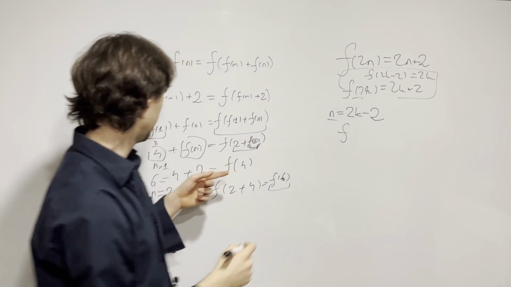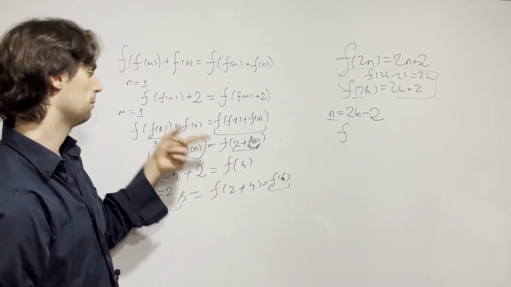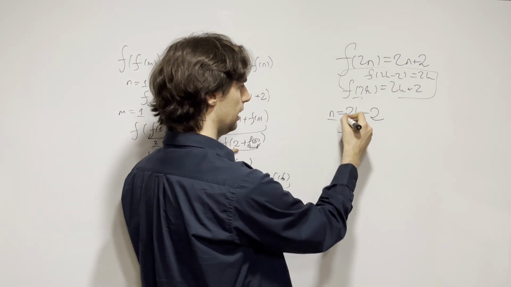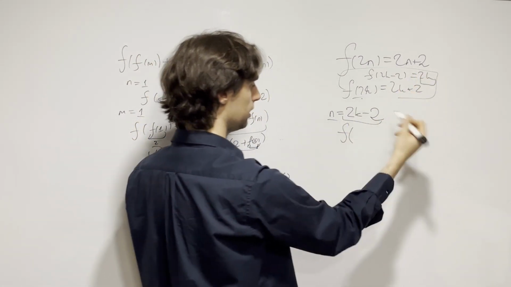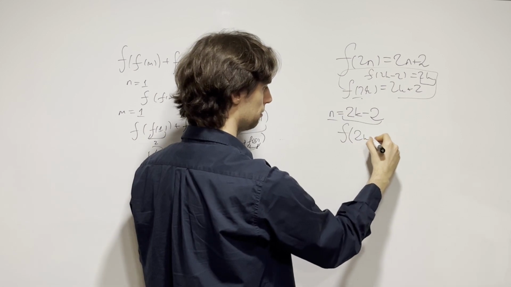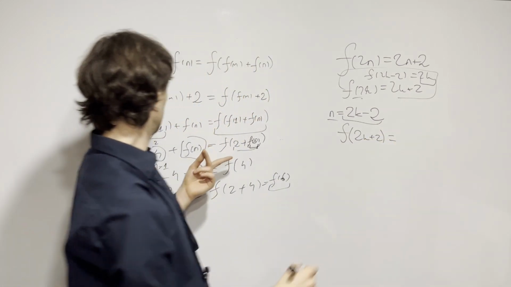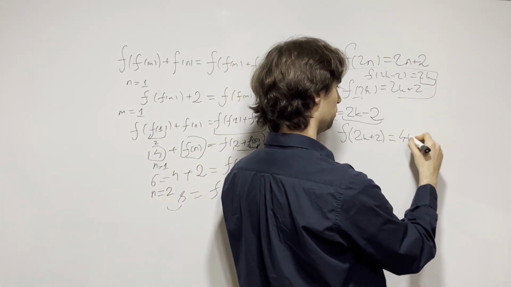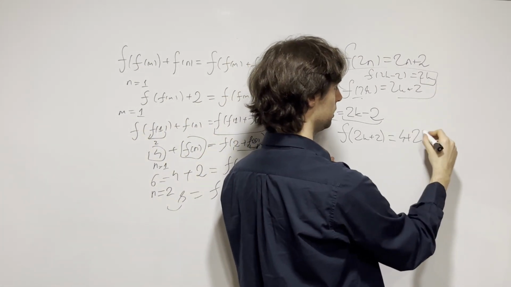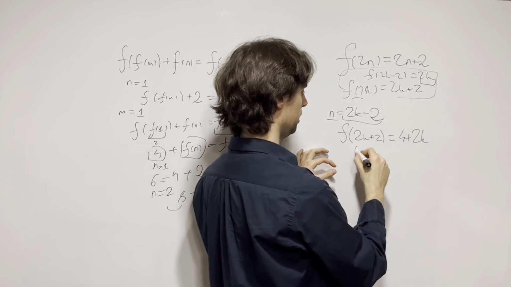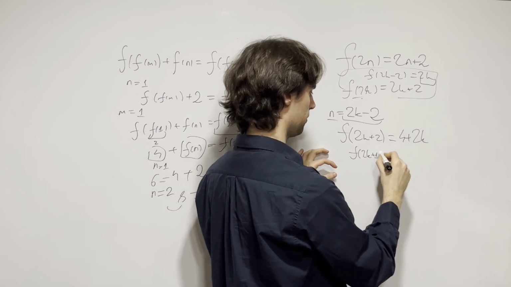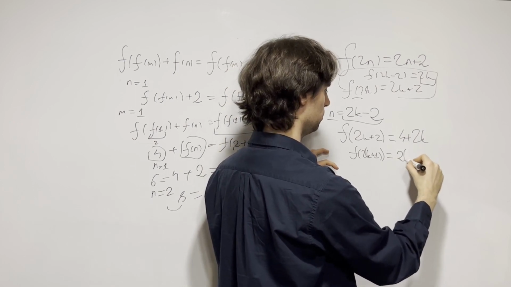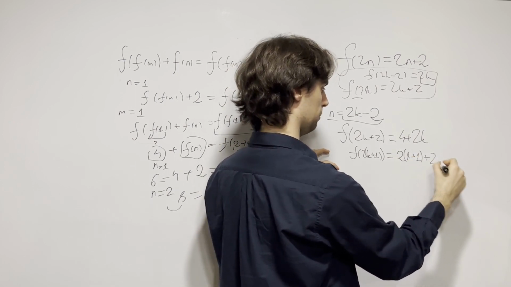And when I plug in here n is equal to 2 and m is equal to 1, I'll get that f of 2k plus 2 will be equal to 4 plus f of n, which is 4 plus f of 2k. In other words, f of 2k plus 1 is equal to 2k plus 1 plus 2.